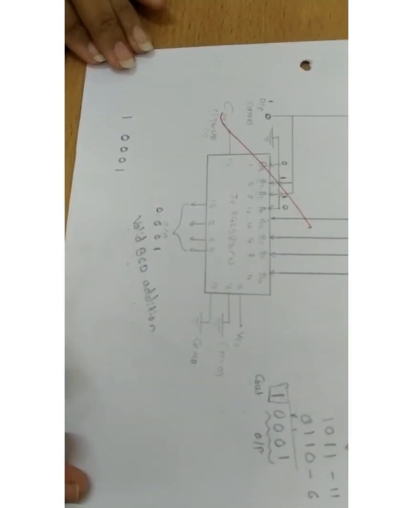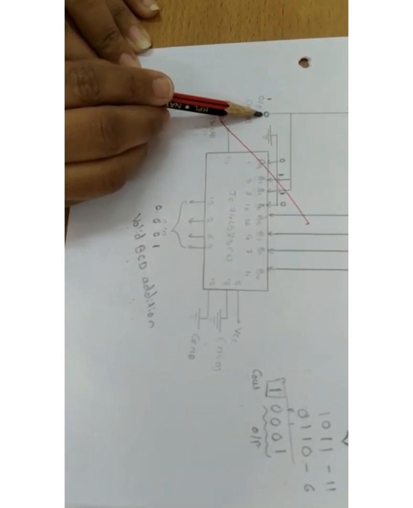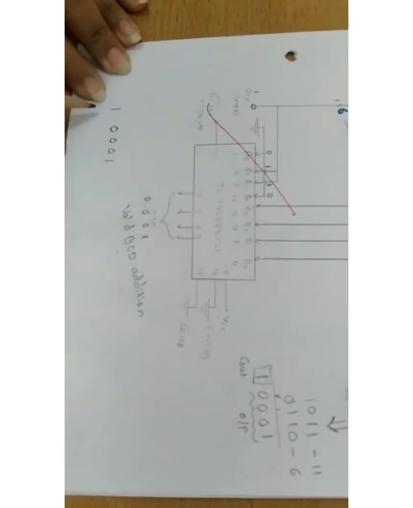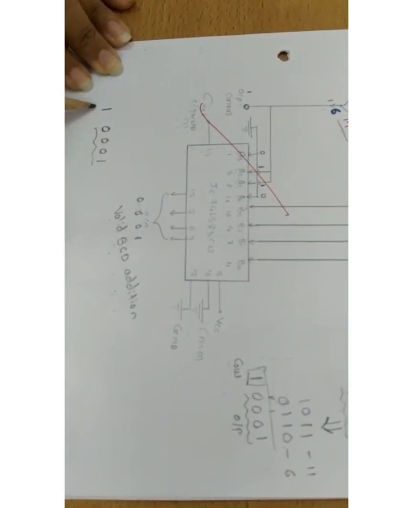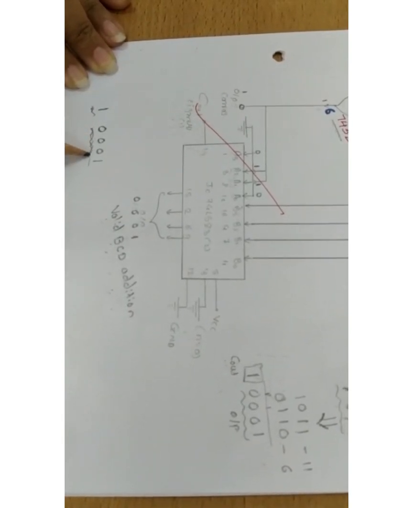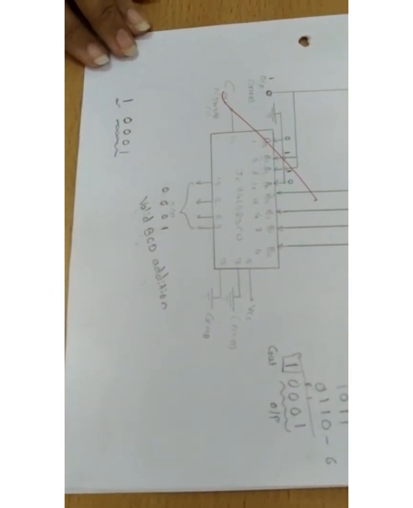Okay, so this output carry you are connecting to the output pin of the digital trainer kit. So this one I am writing here, and this 0 0 0 1 I am writing here. So can you read this one, and this 0 0 0 1 makes your final output. Okay, 11.